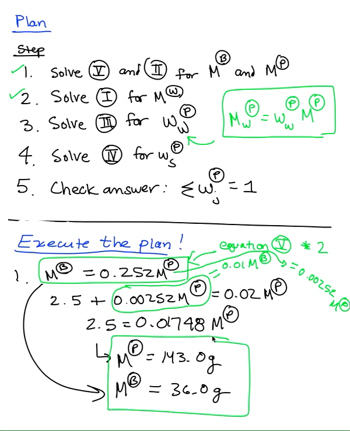Okay, so now we're going to go to step 2. Step 2, we were going to solve equation 1 for the total mass of stream W. So substitute for what we just learned.